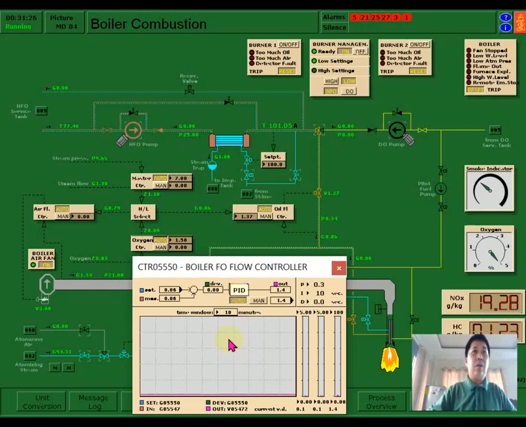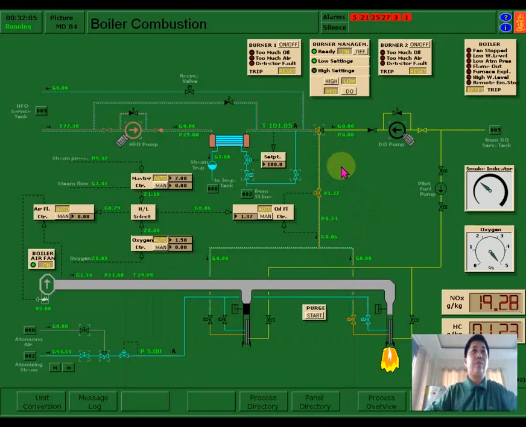So there is a set point, measuring point, and a derivative. This is an example of a closed loop system, which is a feedback system. So your fuel oil flow control is controlled by your PID controller, proportional, integral and derivative.